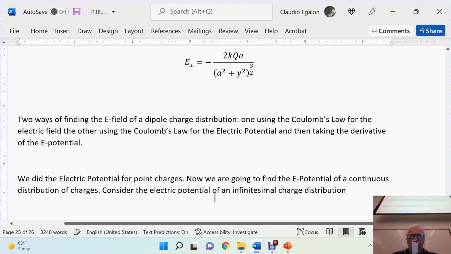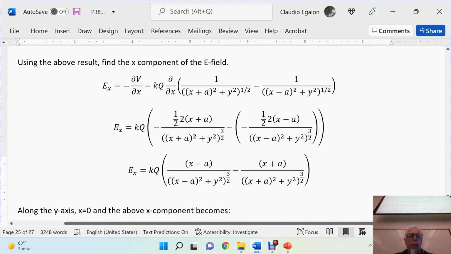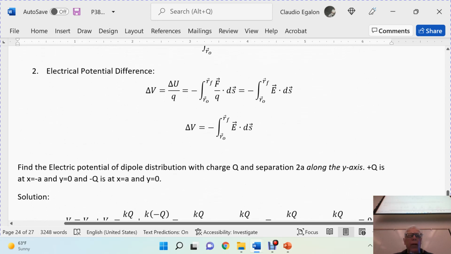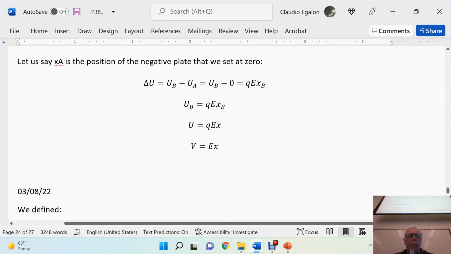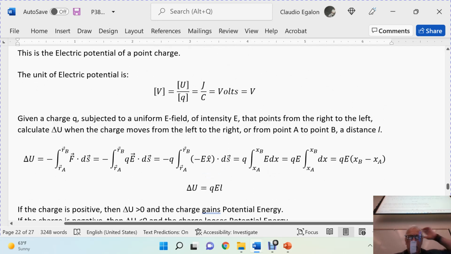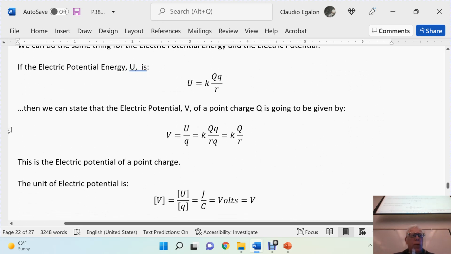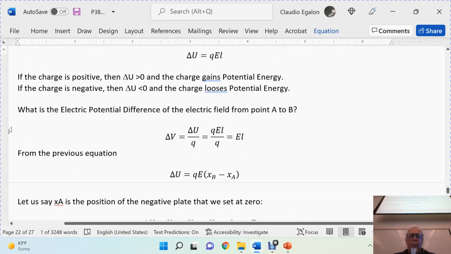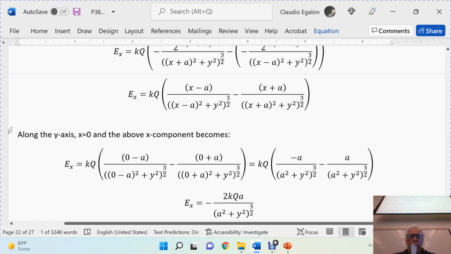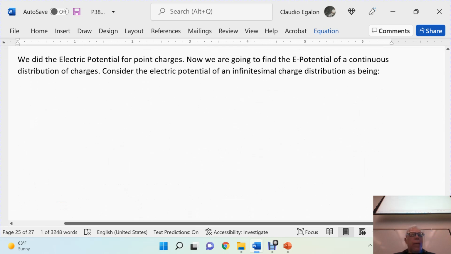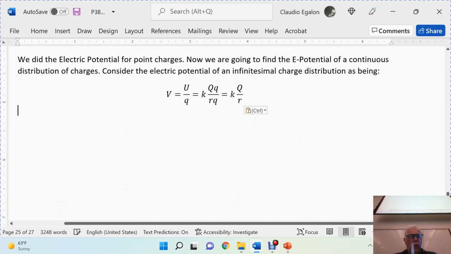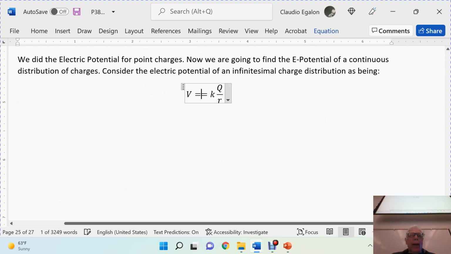That's why it's important to know the electric potential of a point charge. When we know the electric potential of a point charge, we can extend it for different charge configurations.